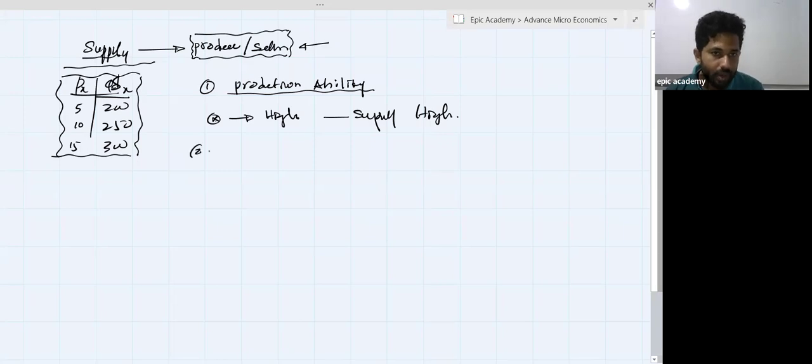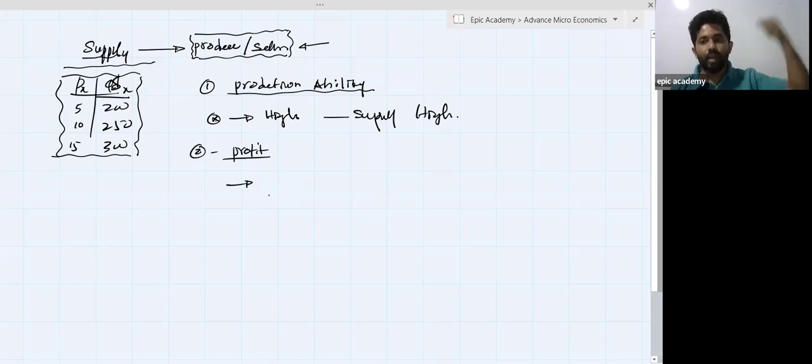The next one is profit. Some organizations are able to grab a high level of profit, so according to the price changes, their quantity also can change because of the profit.